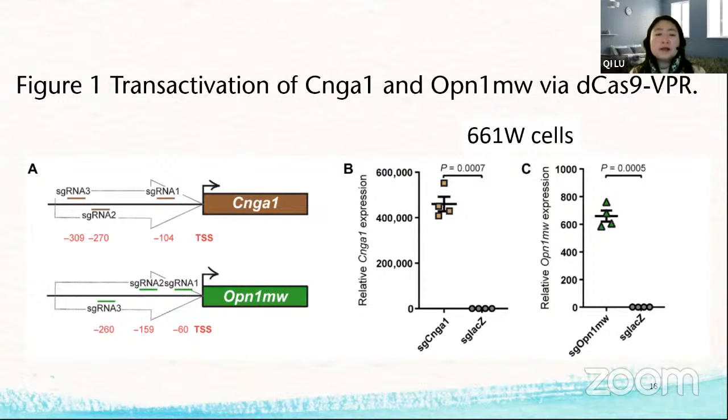They try to activate the expression of the CNGA1 channel, and this shows where they chose the binding sequence of the single guide RNA. And for another gene they try to express it separately. At the cell line experiment stage, they didn't put these two together, so it's separate.